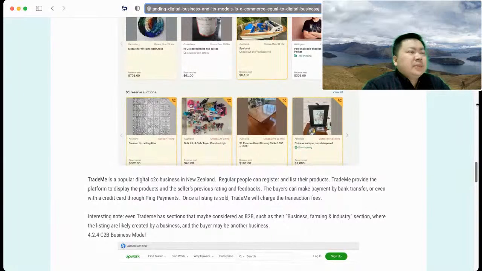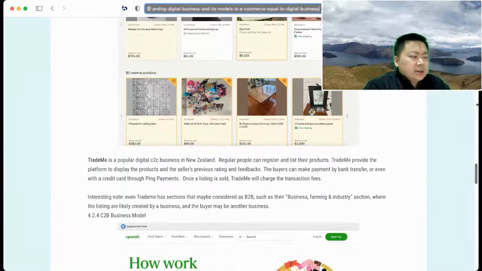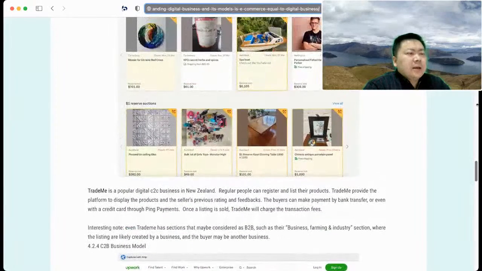Again, on TradeMe, there is a section where they sell a business, a farmland, or machinery. In that section, a lot of buyers will be business owners. So even TradeMe, a typical C2C website, also contains a B2B part.